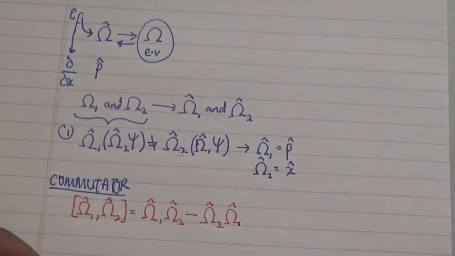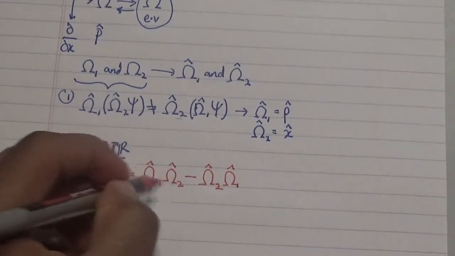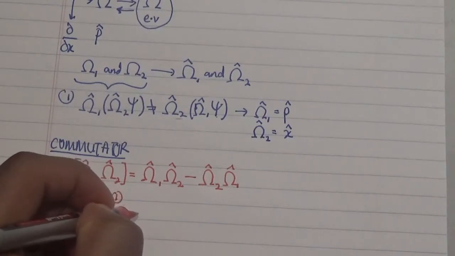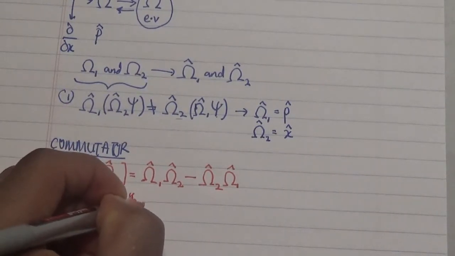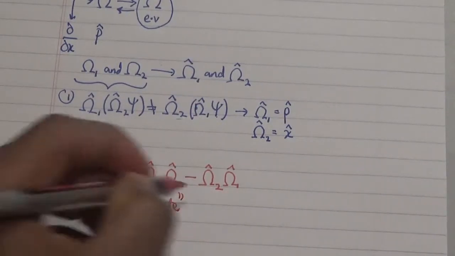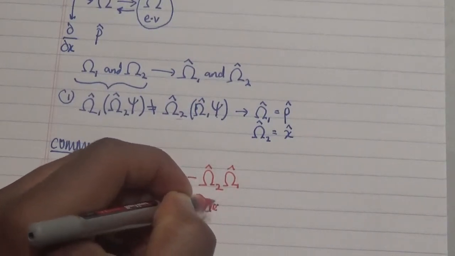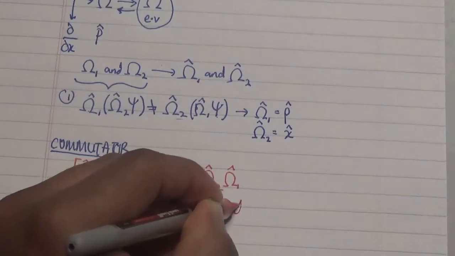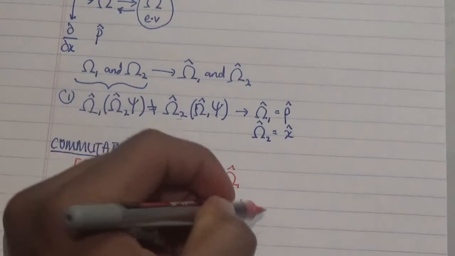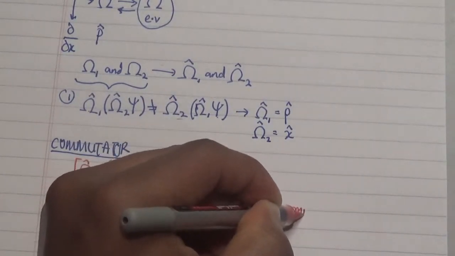So what we notice here is that there are two conditions. The first condition is that if the two operators commute, the order is irrelevant. And once the order is irrelevant, in this case, you get a zero commutator.